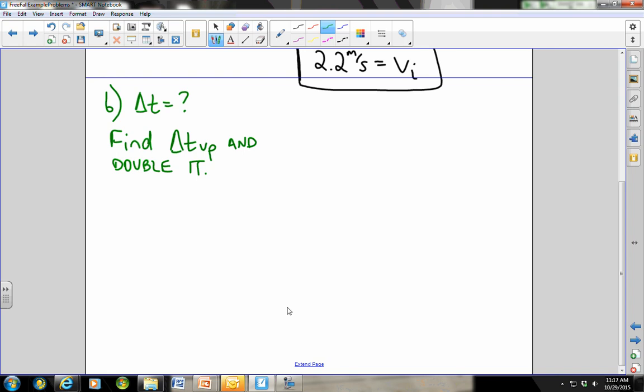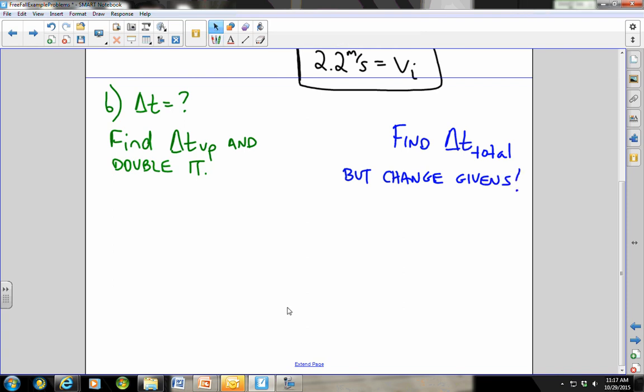Or you could find the total time, but remember to change your givens. So the first way, you just use the same givens as before.